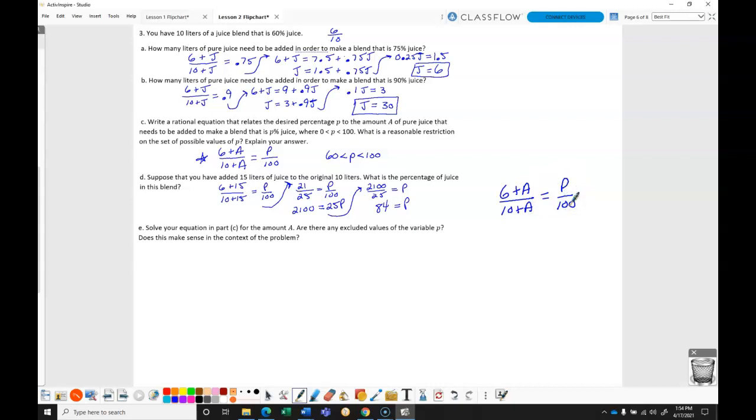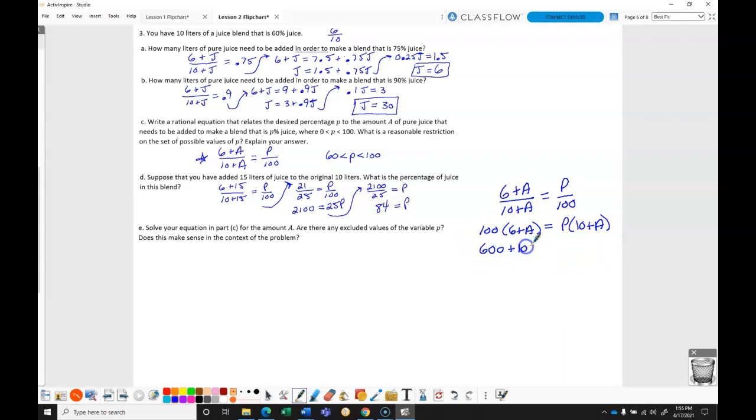So what I'm going to do is cross multiply. So I'm going to do 100 times the 6 plus A, and then P times the 10 plus A. So I'll go ahead and distribute that 100.